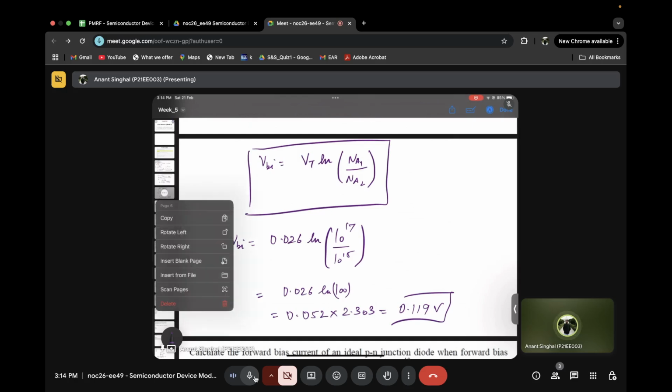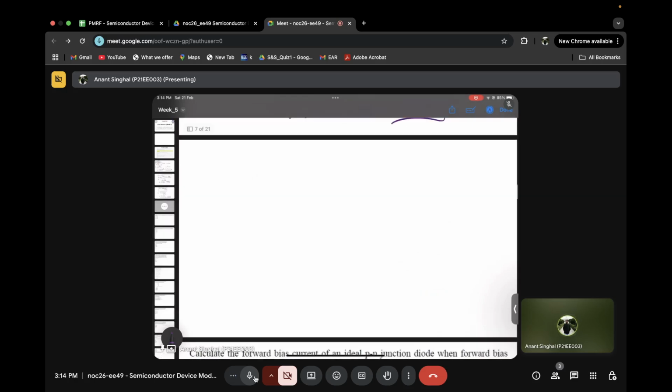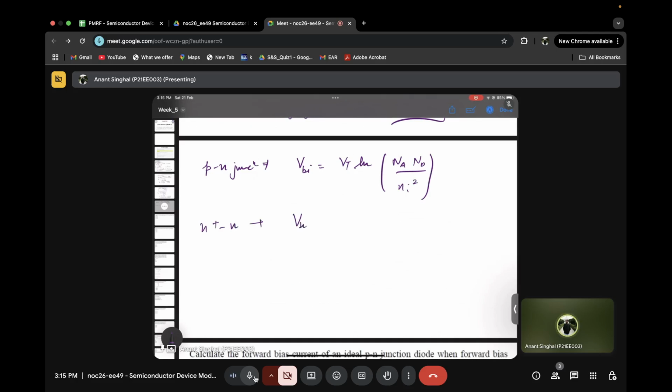So the whole point of telling all this was, if you remember, in the PN junction, we had the VBI, which was VT ln Na Nd by Ni square. Then we also did an N plus N junction, in which the VBI was VT ln Nd1 by Nd2, whichever is greater will come up.